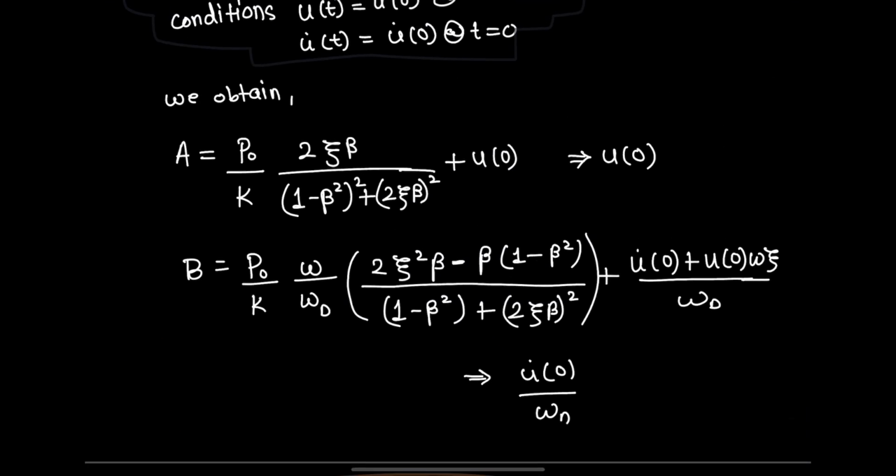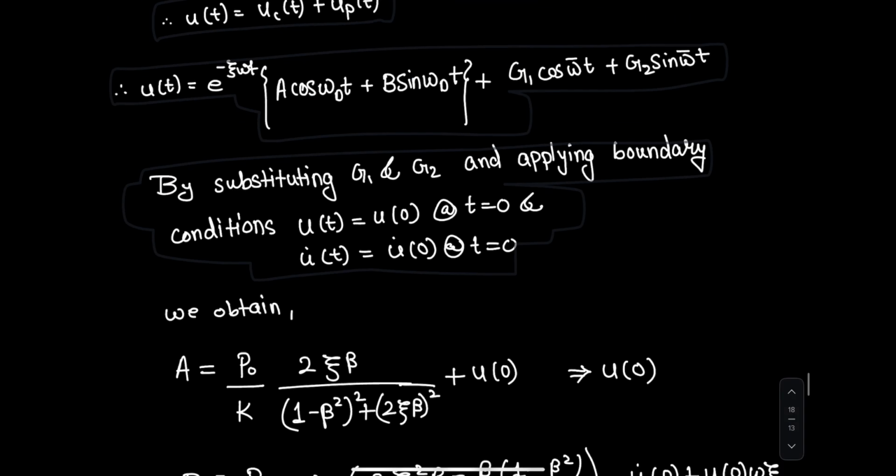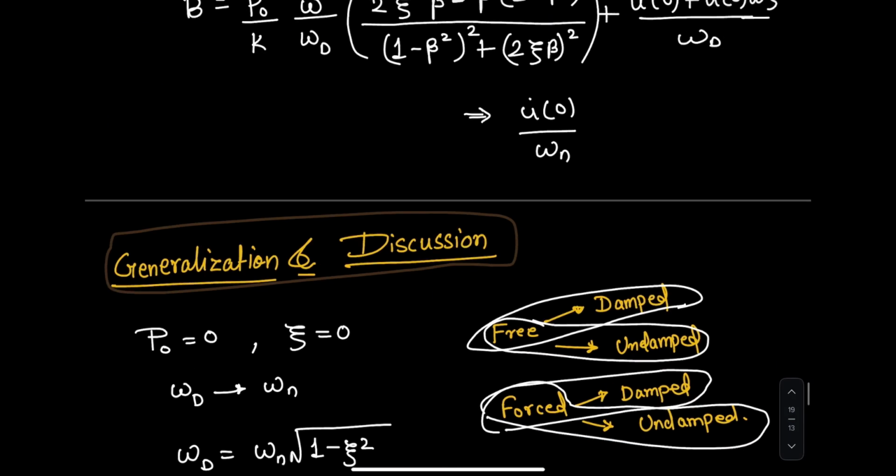In the equation here, we do have 1 minus beta square whole square, I believe. Let me check. Yes, on deriving we have 1 minus beta square whole square here. We tried to keep the denominator the same so that it is easier to compare both the equations.